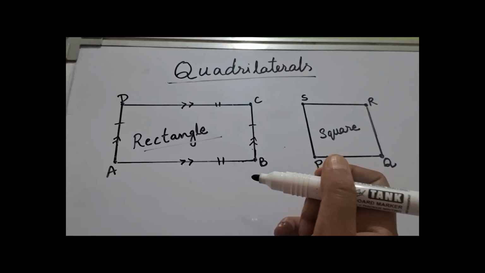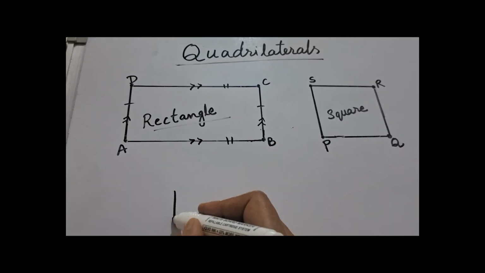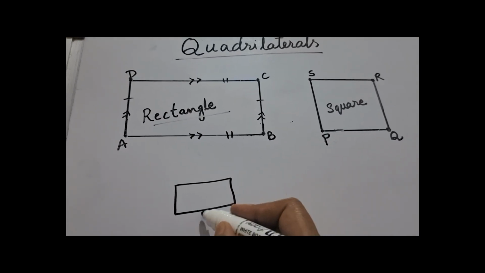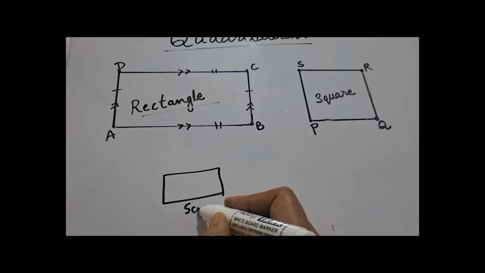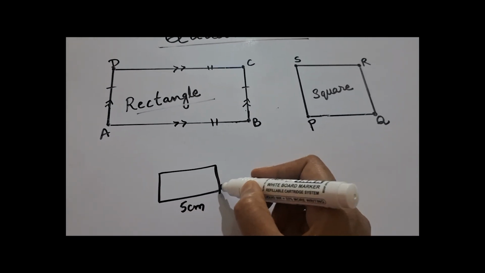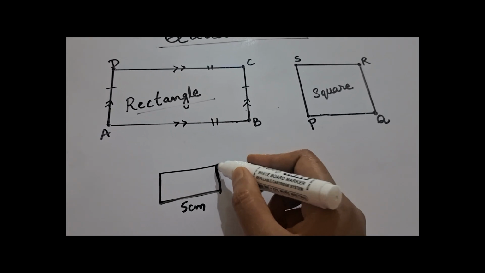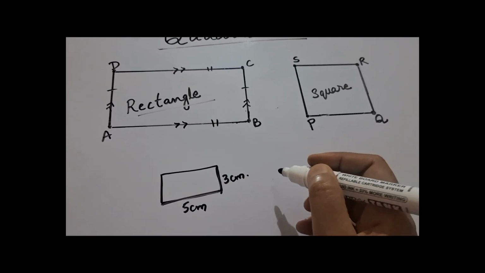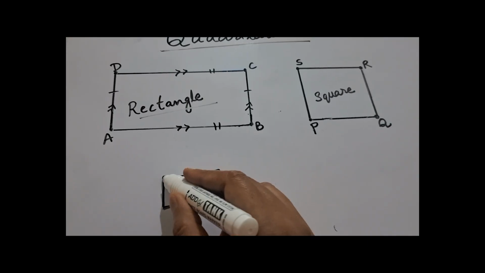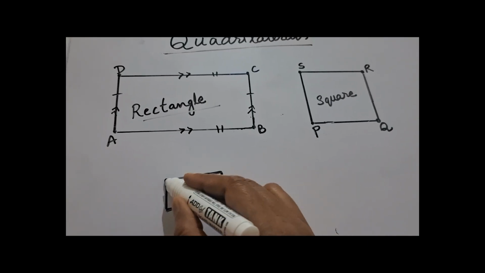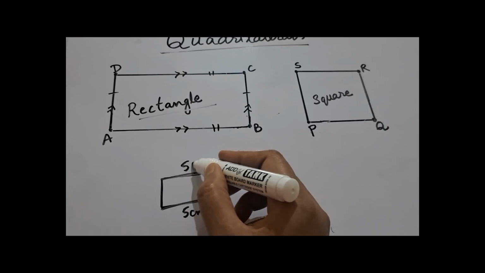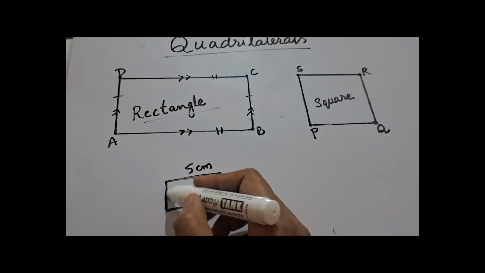Okay children, for example, this is a rectangle and suppose this length is 5 centimeter and breadth is suppose 3 centimeter. Okay. Now, what will be this length, the third length, this one? This one will be same as this length, that is 5 centimeter. And what about this length?